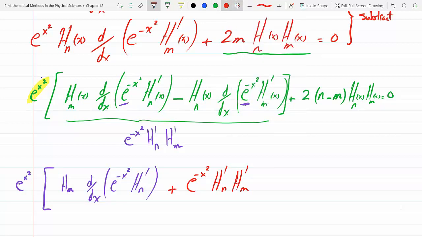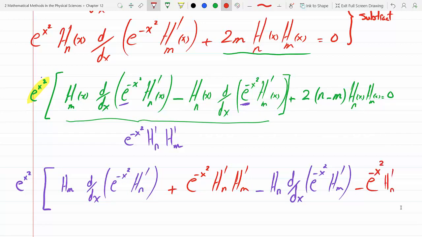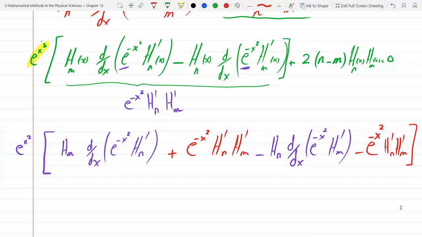So let me get back to the previous color, minus h_n d over dx of e to the minus x squared h prime m. Okay, and now I'm gonna subtract that same term. I could do that, it's as if I hadn't done anything really. h prime n h prime m, plus the last term, which has nothing to do with this. This is outside the bracket, so plus 2 times n minus m h_n h_m equals 0.